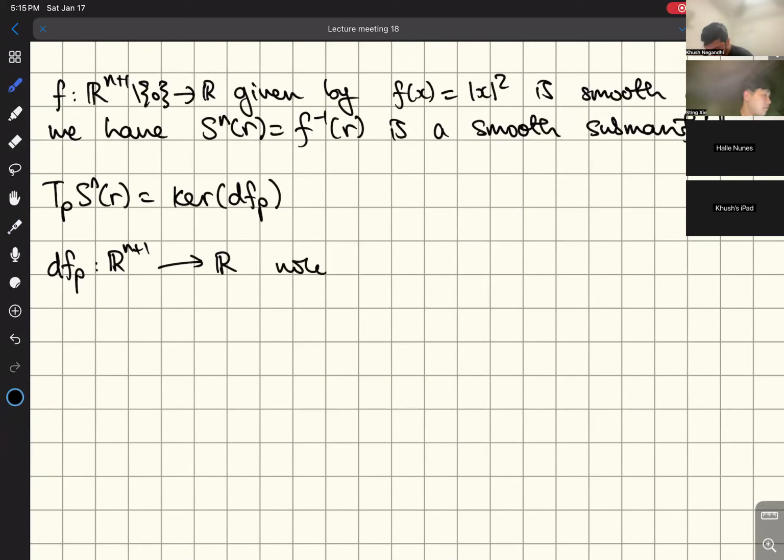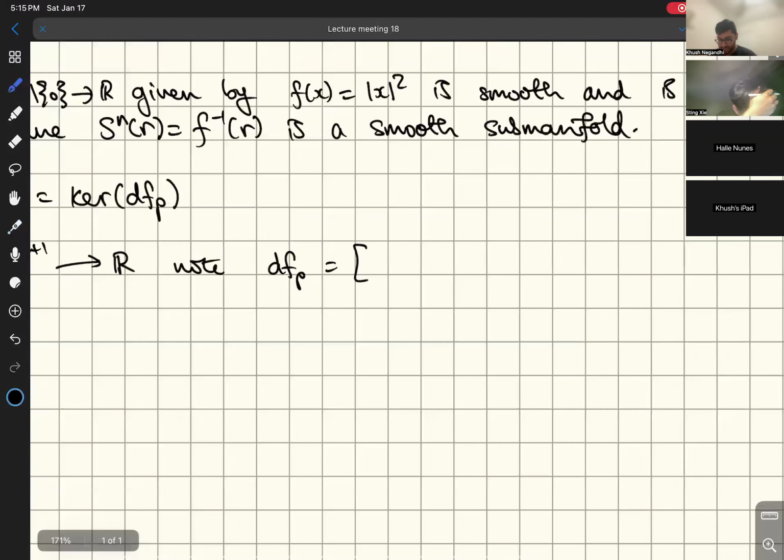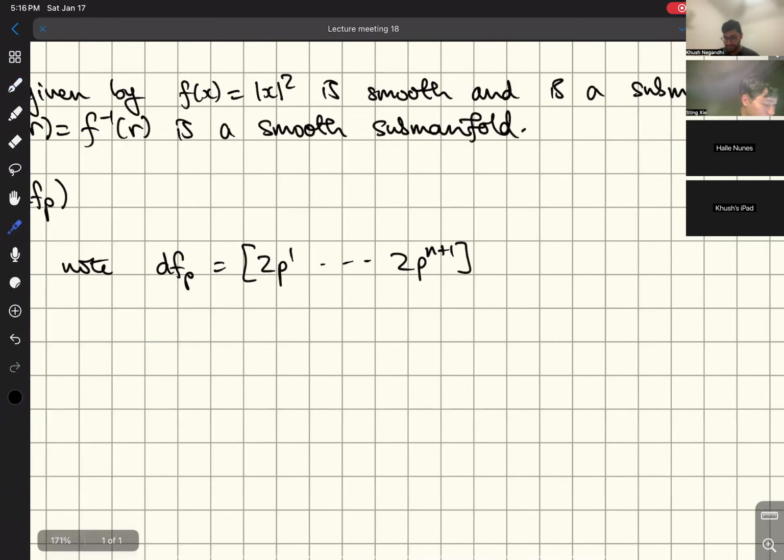So note that df at p is nothing but, if you take the derivative of this thing and evaluate it at p, you get (2p_1, ..., 2p_(n+1)).